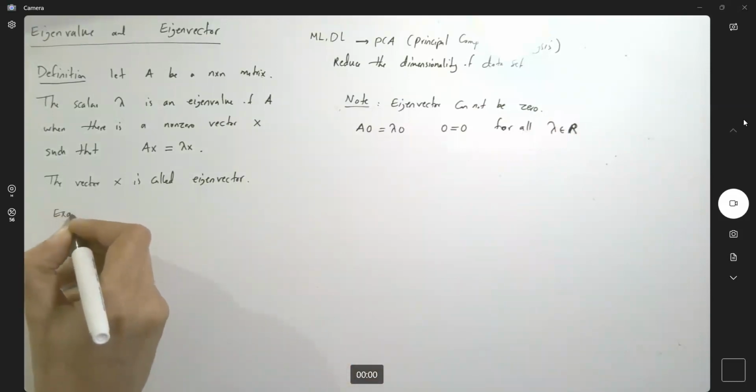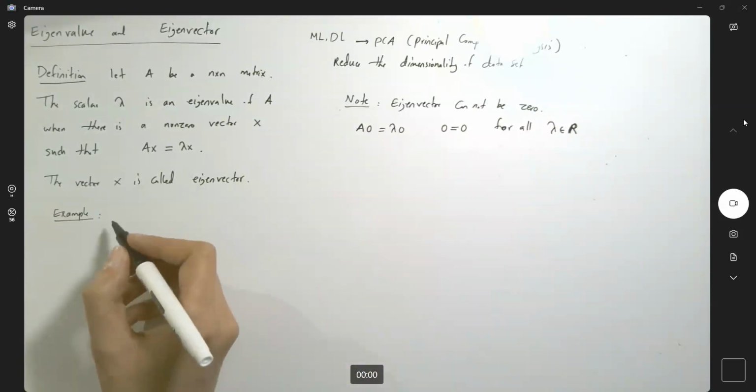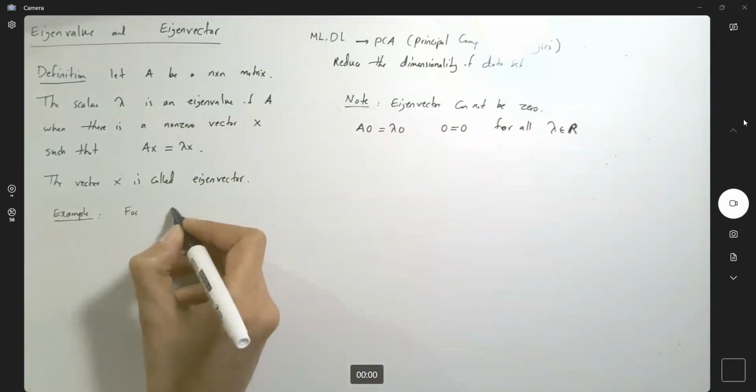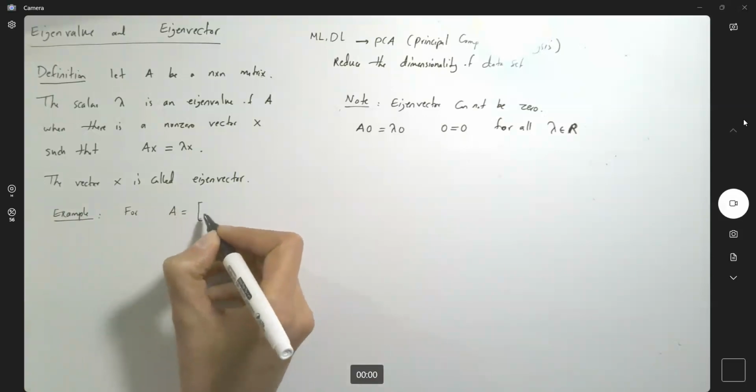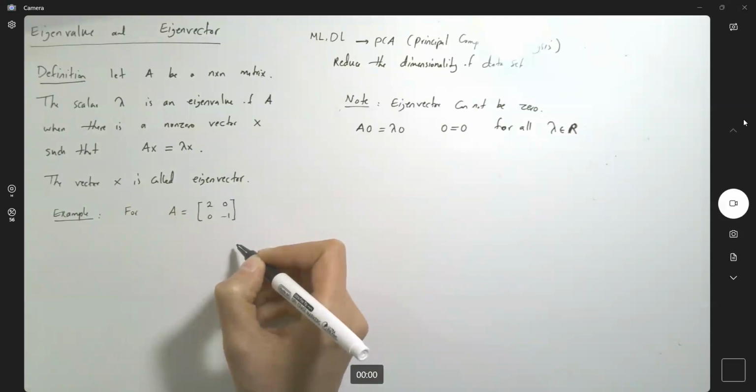One example for you. This example says you have a matrix A, which is 2, 0, 0, and negative 1.